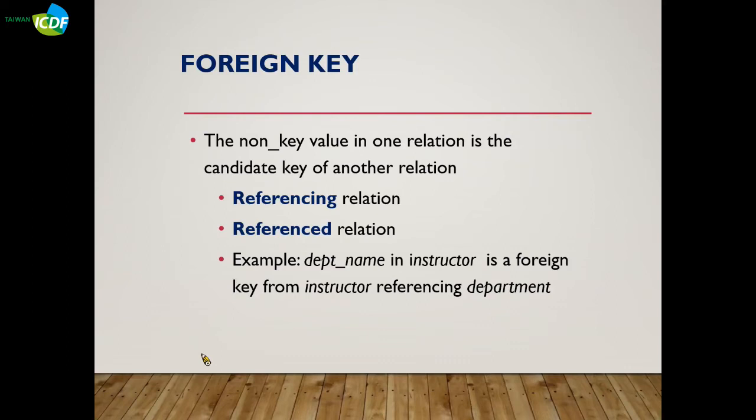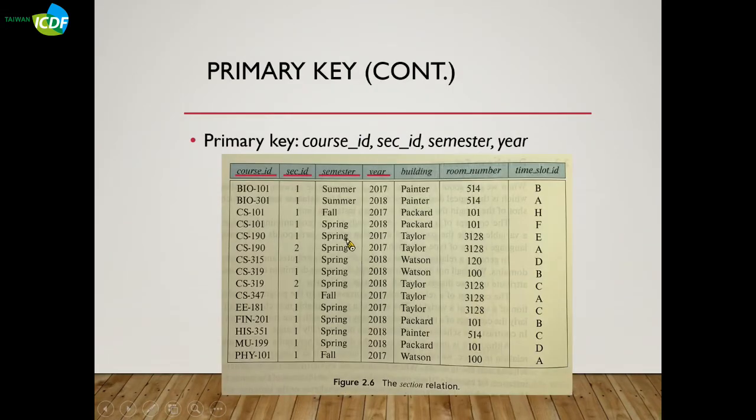Here, I will use the instructor table and department table as examples to explain what a foreign key is. As to the section relation, this table consists of the following columns: course ID, section ID, semester, year, building, room number, and time slot ID.